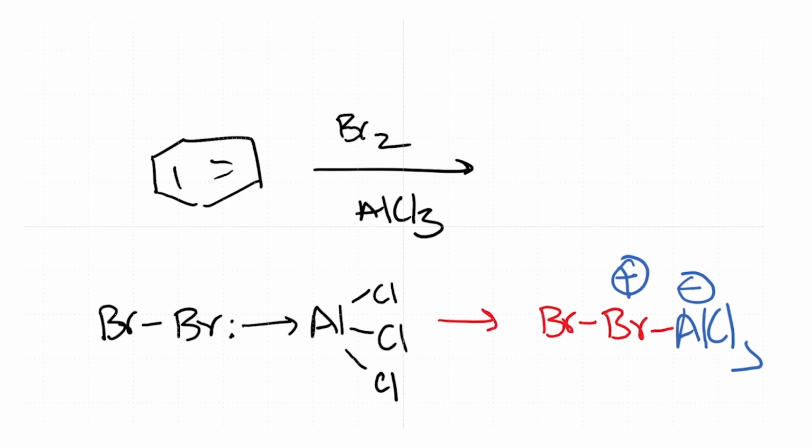And what can happen is that this produces a very reactive species. So this is the reactive electrophile that's going to react. Now let me move to the next slide where we can discuss this in a bit of detail.